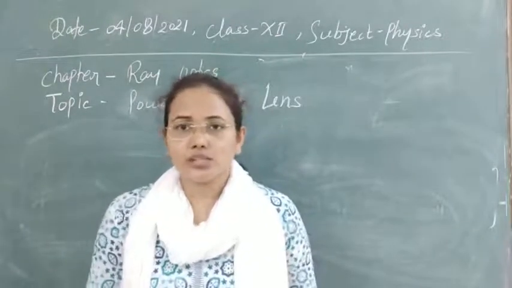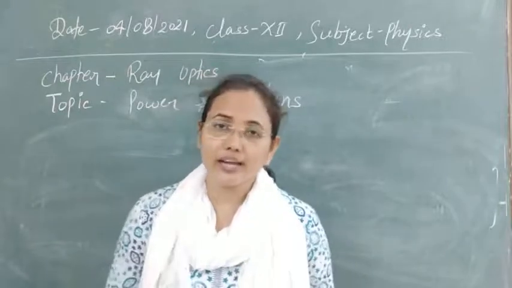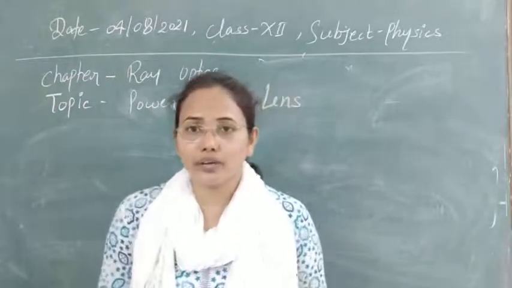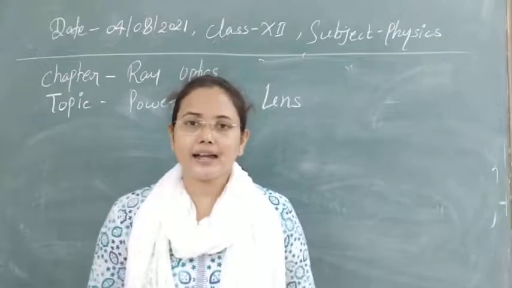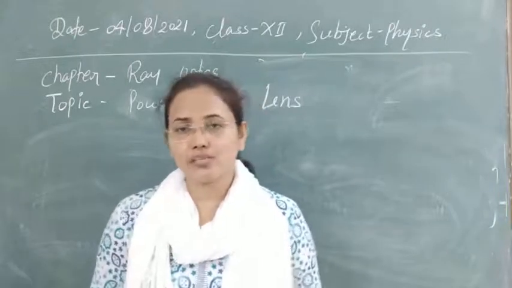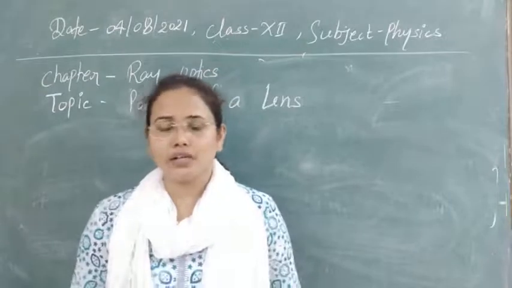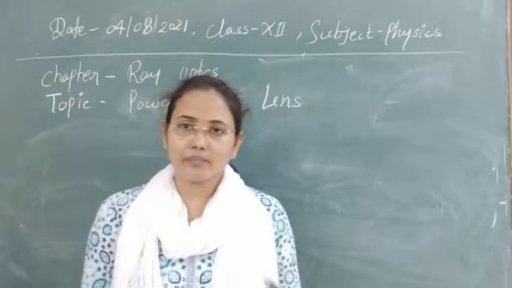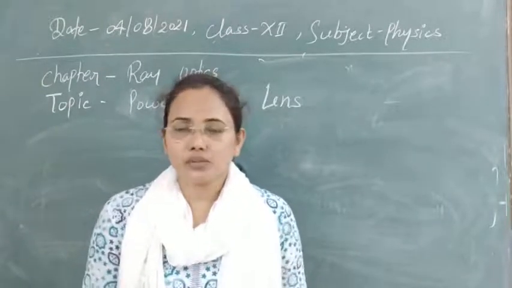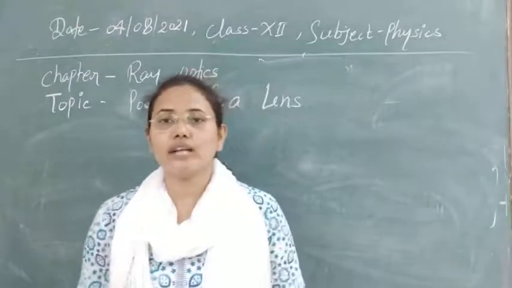A convex lens is used to converge the light, while a concave lens is going to diverge the light. So how much a lens is able to converge or diverge the light is called its power. It means how much ability it has to do its work, and its work is to converge or diverge the light.